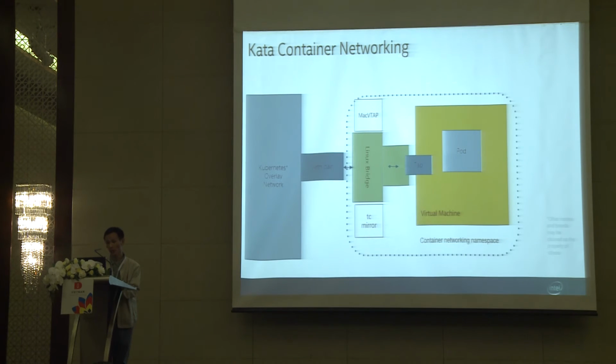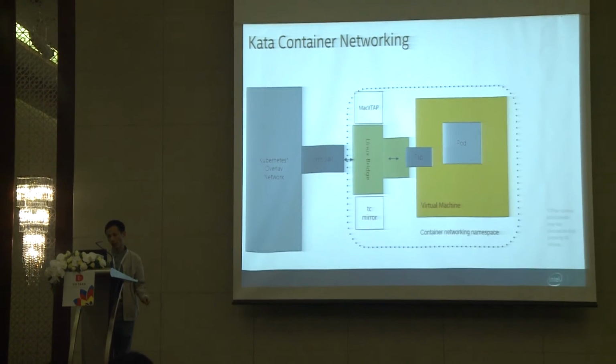So in Kata container, we create a bridge to connect the veth and tap. And the typical bridge is the Linux bridge. And we also support MacVtap, which has much higher performance.